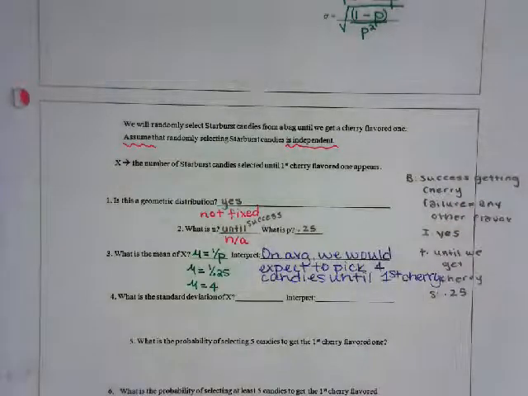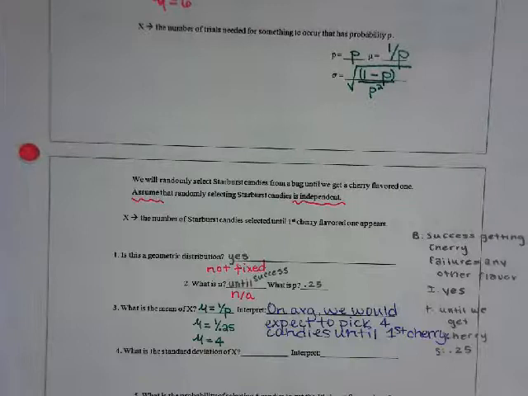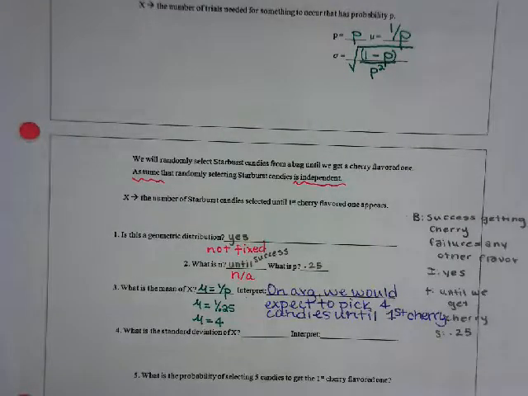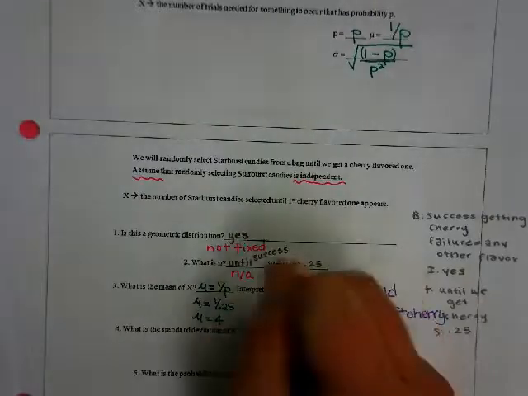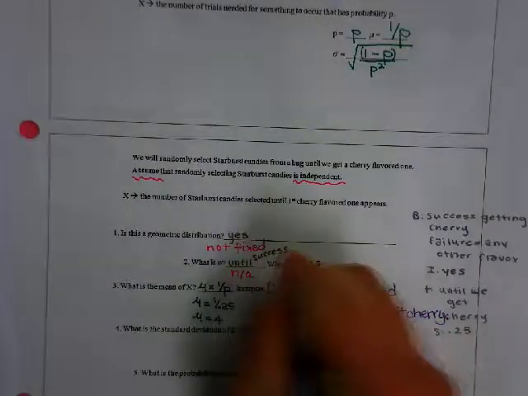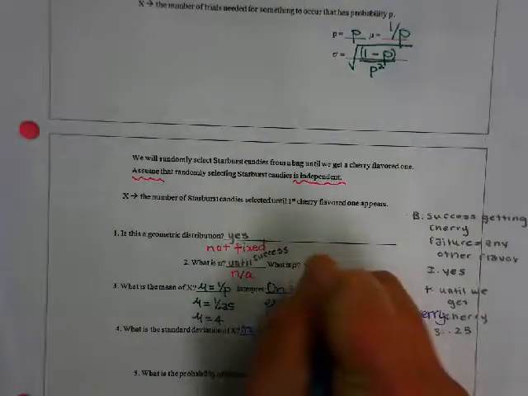All right, on number 4, we're going to find the standard deviation. To find the standard deviation for a geometric variable, we take the square root of 1 minus p divided by p squared. So the square root of 1 minus 0.25 divided by 0.25 squared.